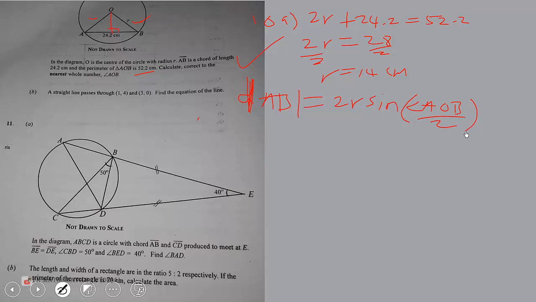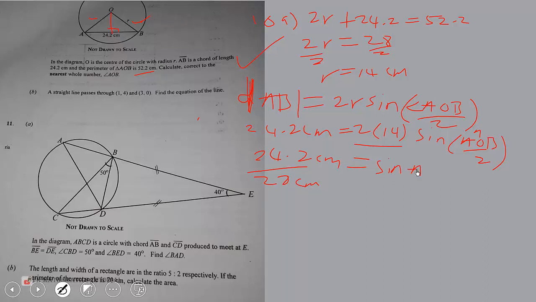So AB, which is 24.2 centimeters, will be equal to 2 times the radius, which is 14, times sine of the angle AOB over 2. So 2 times 14 is 28. Dividing through by 28, we get 24.2 centimeters over 28 centimeters is equal to sine of angle AOB over 2.